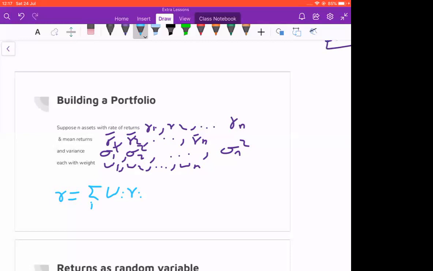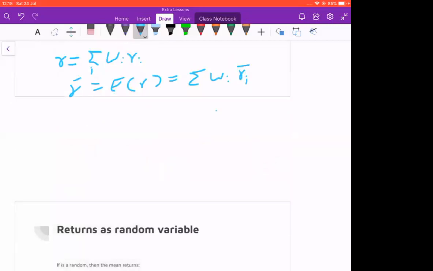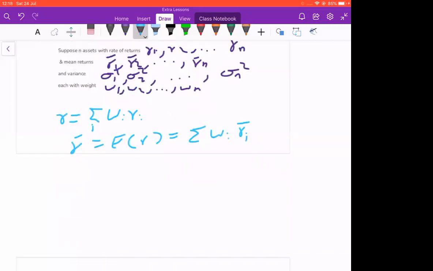To find the expected return, which you denote by R bar, you're just going to do the same thing, and what you'll have at the end is the sum of the weights times the expected returns. We already know that the weight is deterministic, so you can calculate with the weight.